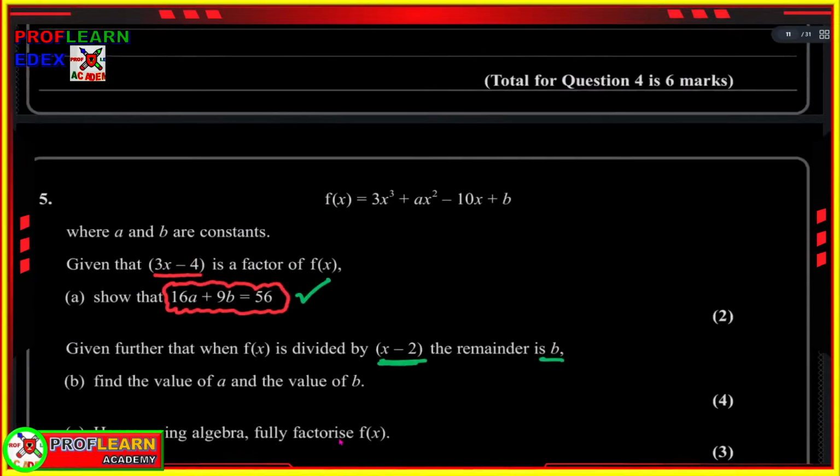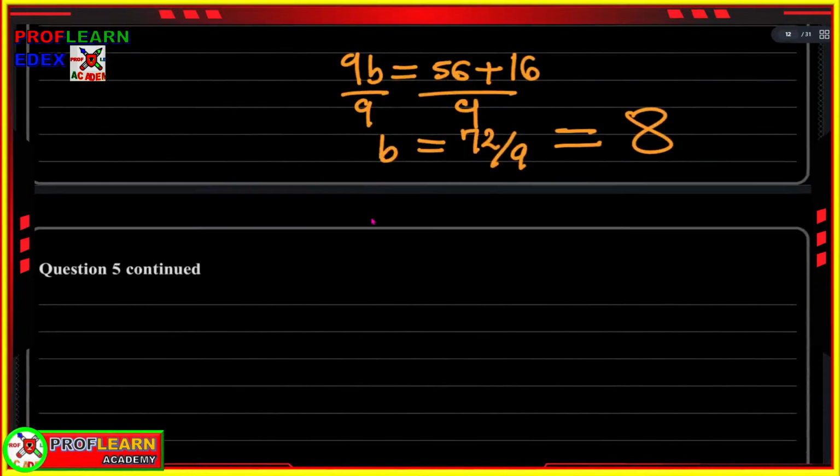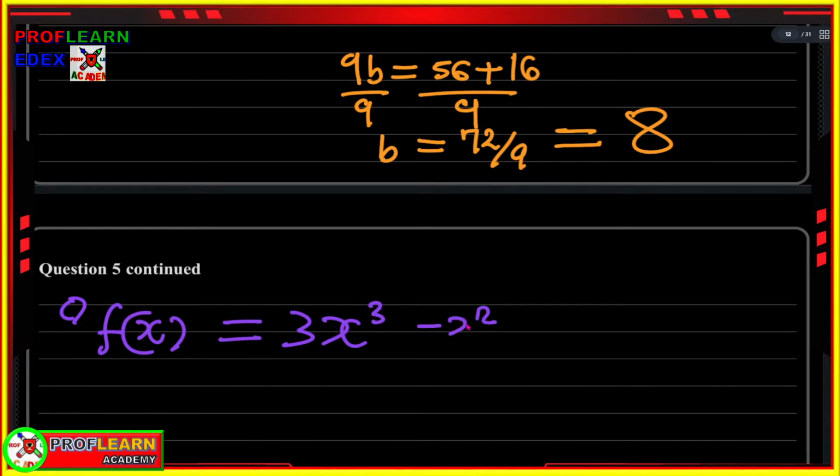The next part of question number 5, part C, factorize fully. So now that we have the constants, we can say f of x is basically equal to 3x cubed minus x squared minus 10x plus 8.